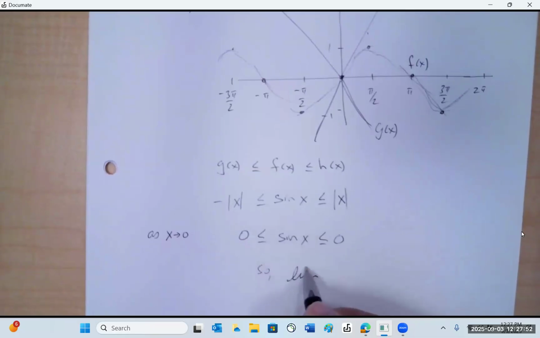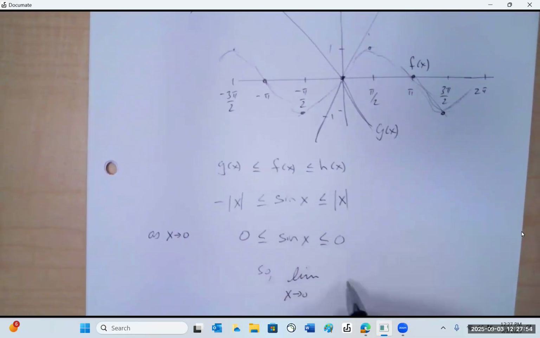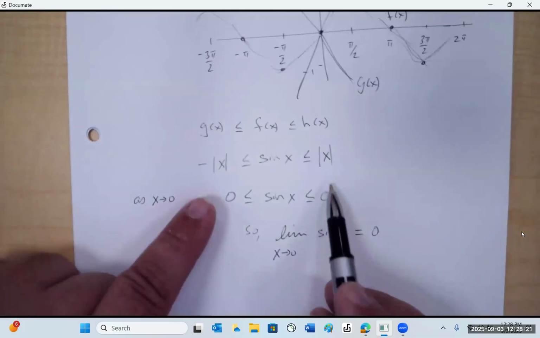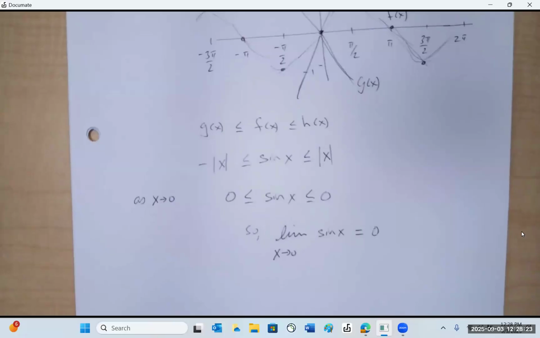So the limit as x approaches zero of sine of x would have to equal zero. That's how you structure it. Again, you don't have to think too far out of the box. It has to be just a basic equation where it's always true. But they both have to have the same limit at that same value, with the function in the middle.